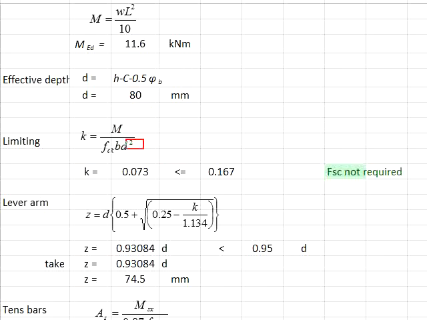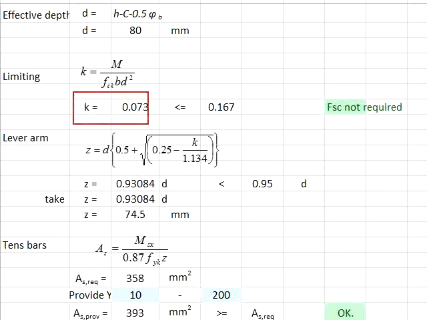Remember the D here needs to be squared. Now you have the K equals to 0.073. This is compared with 0.167, and it is smaller than 0.167. You know that no compression reinforcement bar will be required.